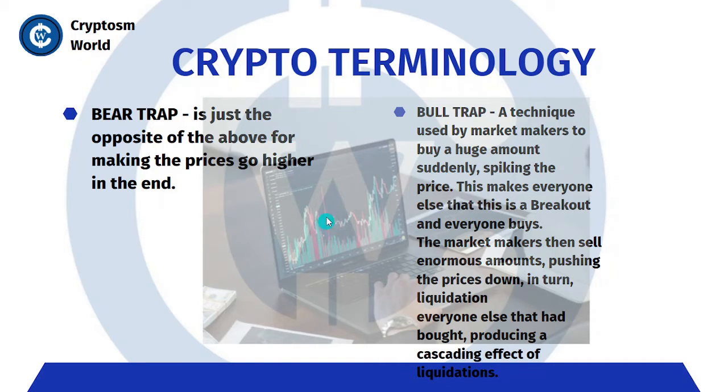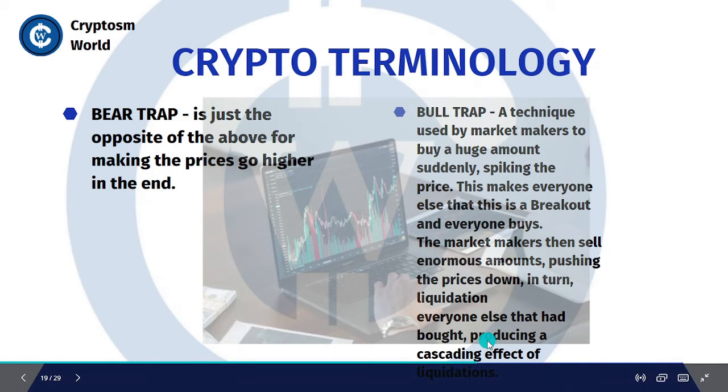Then suddenly you see the price going up. Immediately they sell there, because they bought at a very low price. They used a huge amount of cash to get that asset when it was sold down. The amount of money they used was big enough to spike the price to a level higher than the bearish trend that was going on. When they sell where they want to sell, because of the skyrocketing of the price, the market just goes down immediately. That is what is called a bull trap.